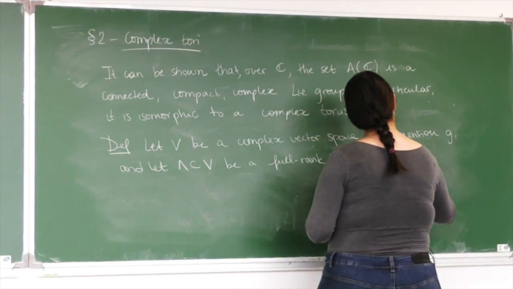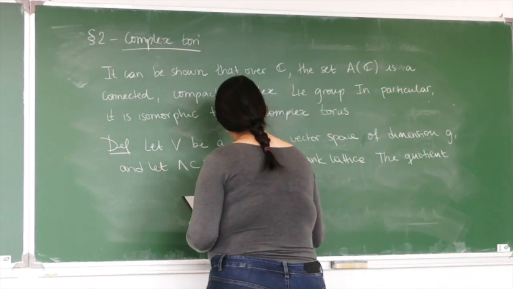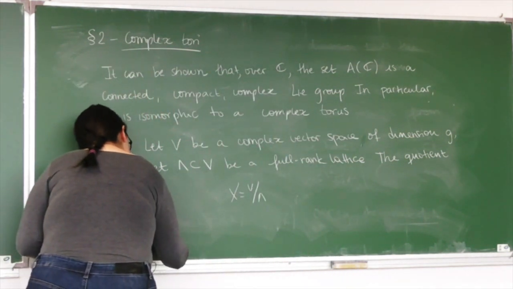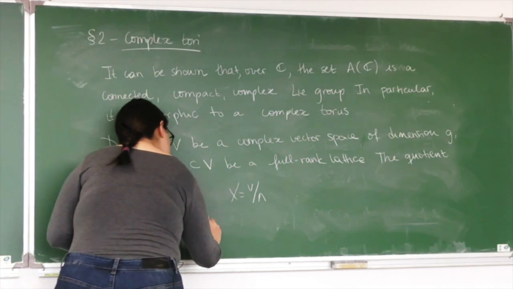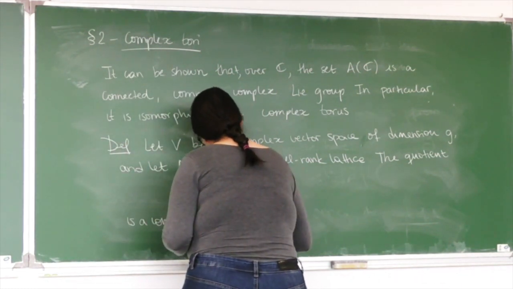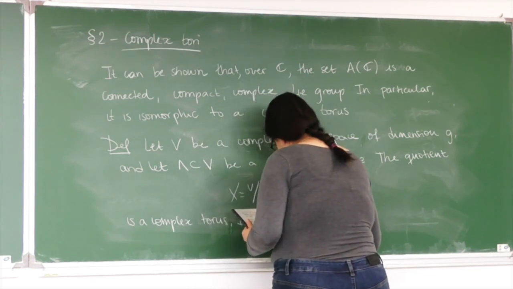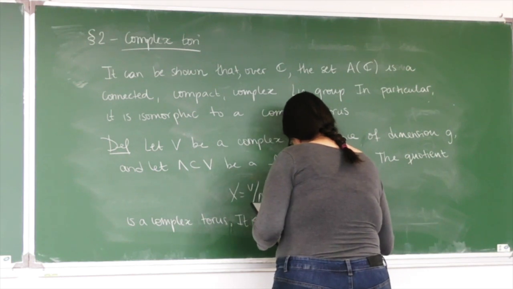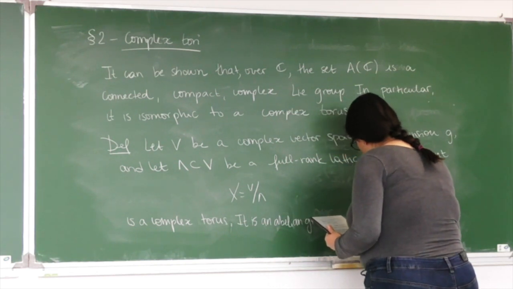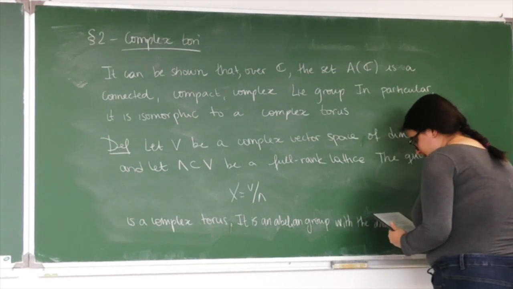The quotient X of V by lambda is what we call a complex torus. It is an abelian group with the addition in V.